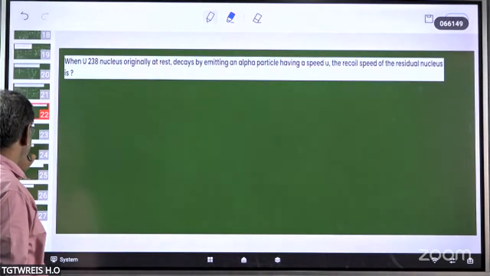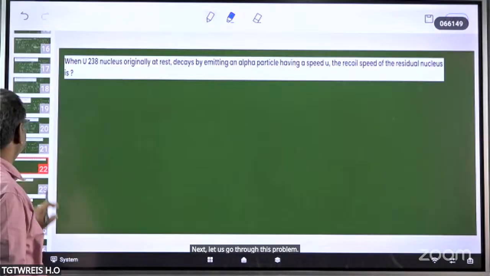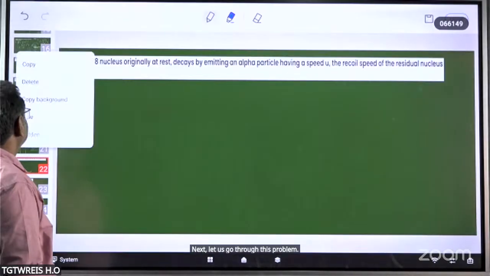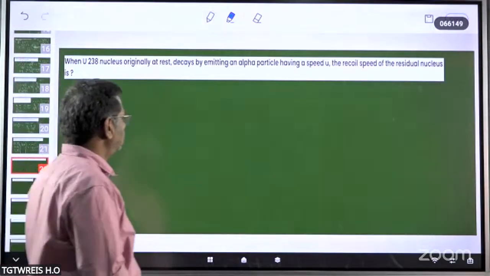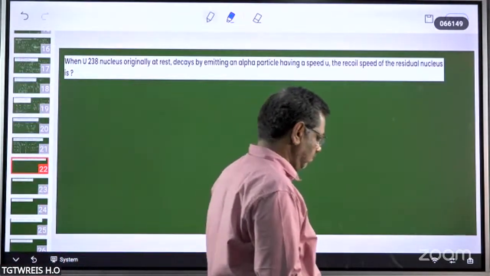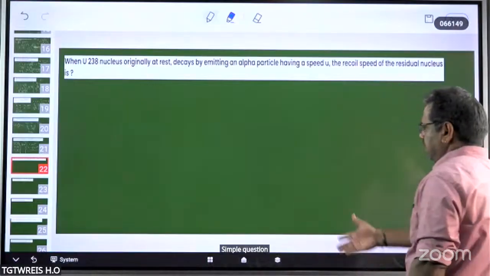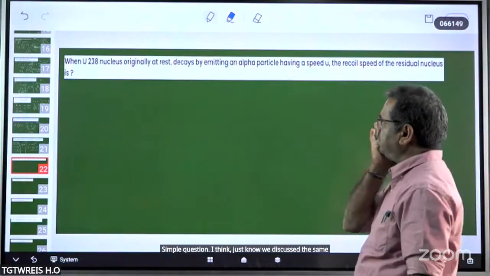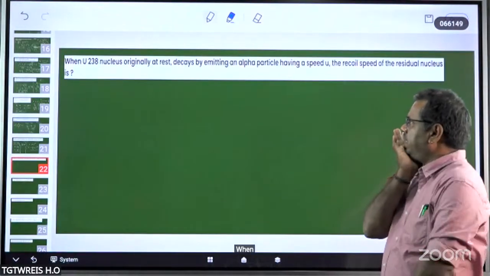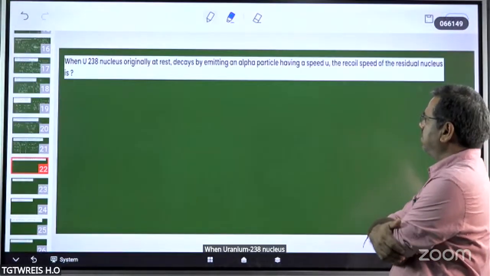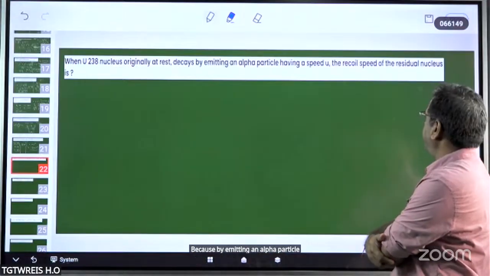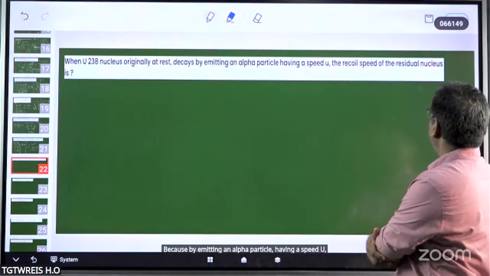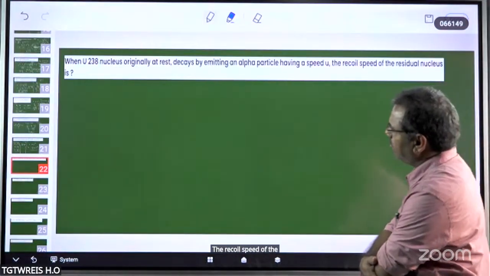Next, let us go through this problem. Simple question, I think just now we discussed the same problem. When a uranium-238 nucleus originally at rest decays by emitting an alpha particle having speed u, the recoil speed of the residual nucleus is equal to how much?